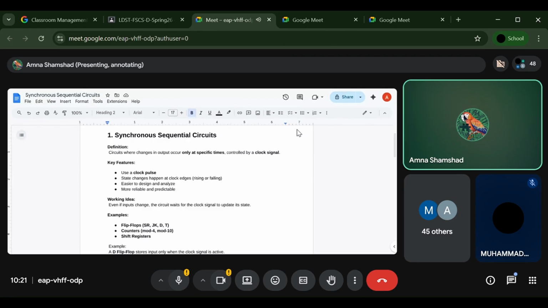Okay. So what is synchronous? Synchronous is basically circuits where you have the clock signal. Clock signal means, any idea?